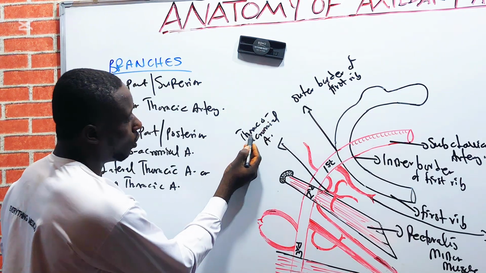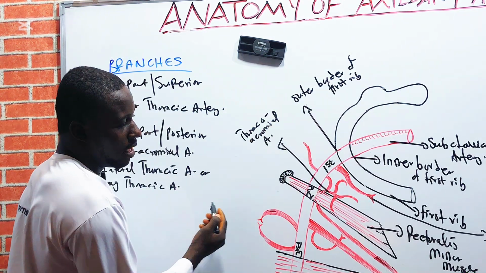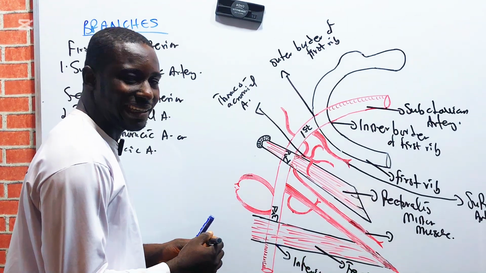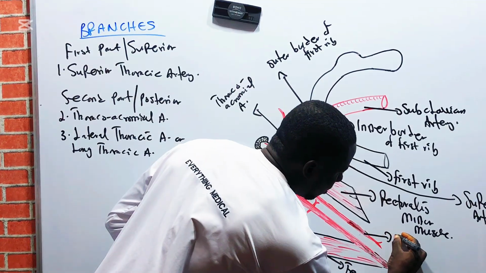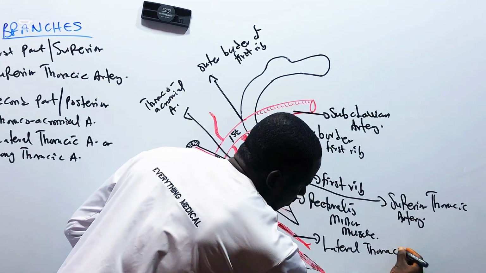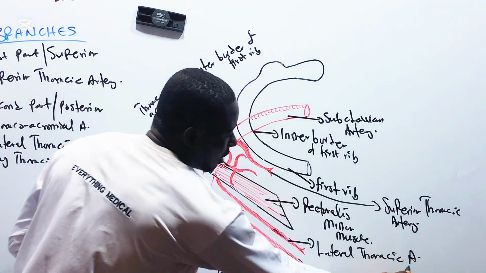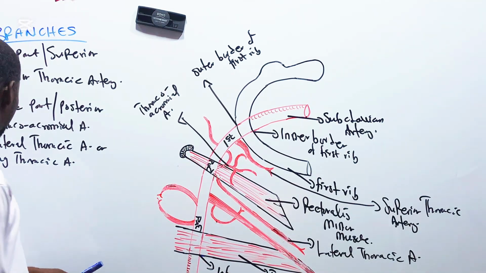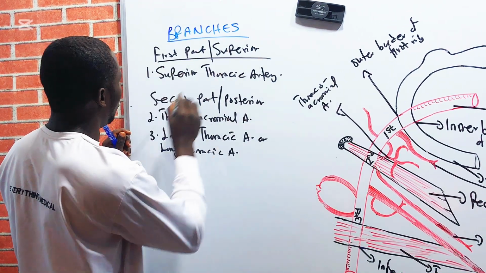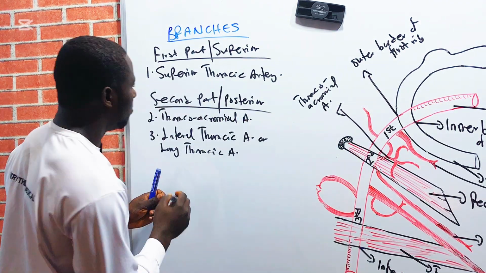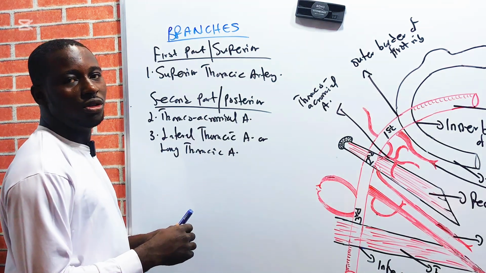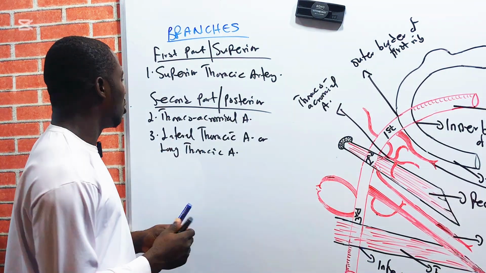Here is the lateral thoracic artery or the long thoracic artery. So these are the two branches from the second part, which is the posterior part, that is deep to the pectoralis minor muscle.